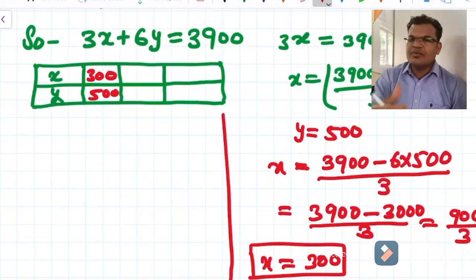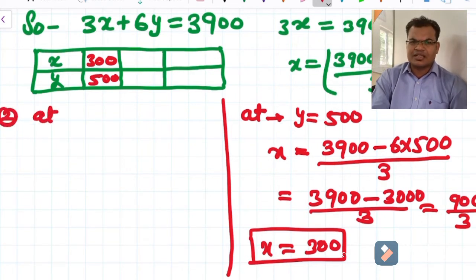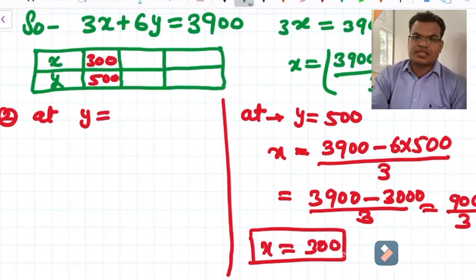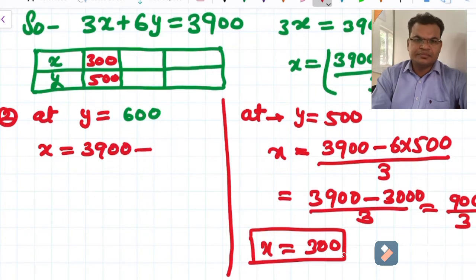Now in the similar way I will go for the second value also. What can I put here, y is equal to, can I put 600? 500 done, so 600. Let's see it here. Y equals to 600 in the right hand side, so x equals 3900 minus 6 into 600 upon 3, as it is.